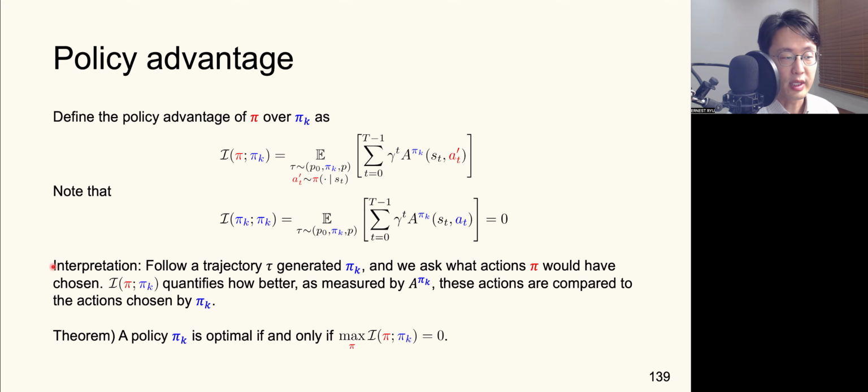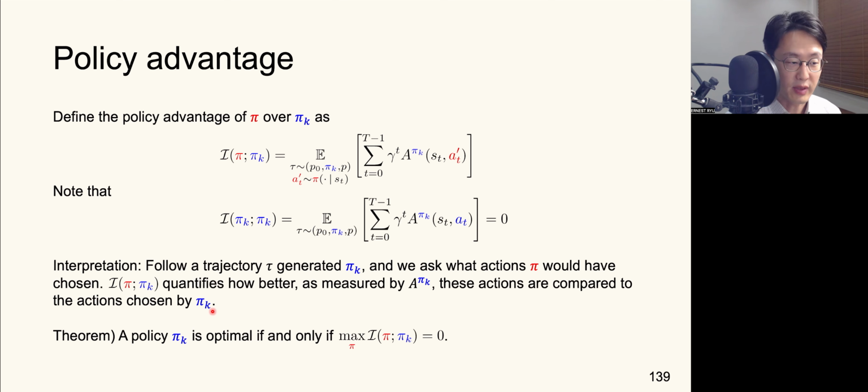Within the expectation, we follow a trajectory tau generated by pi k. But as we follow the trajectory tau, we ask what actions the other policy pi would have chosen. The policy advantage quantifies how much better, as measured by the advantage function with respect to pi k, these actions are compared to the actions chosen by pi k.